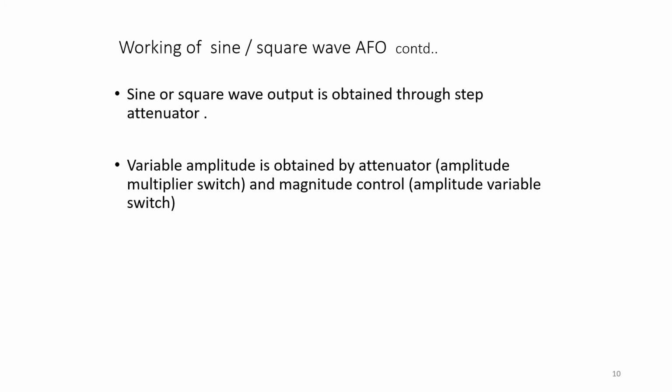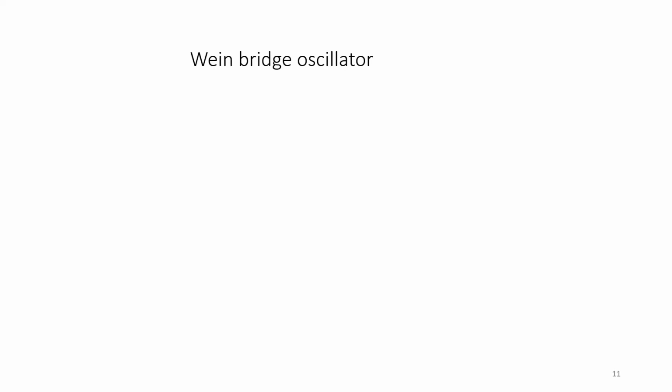You can change the attenuator to different levels depending upon the requirement. So the variable amplitude is obtained by the attenuator and a magnitude control or amplitude control to obtain the variable amplitude of the signal. The entire instrument is placed in a shielded cabinet.